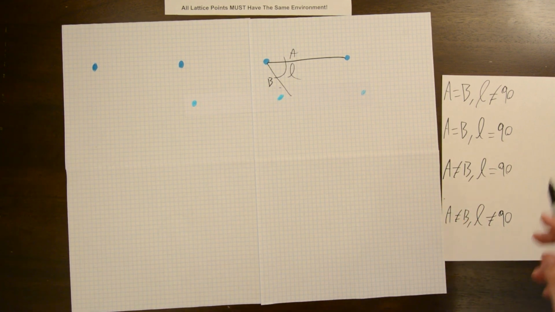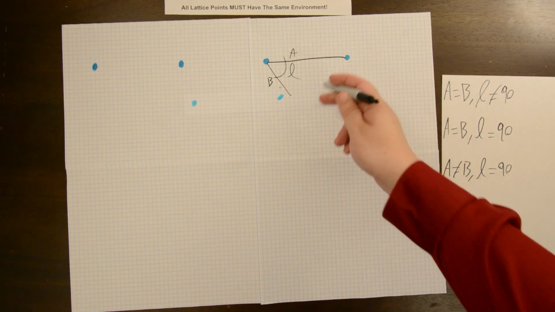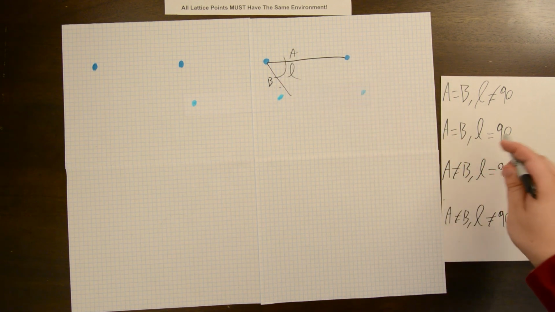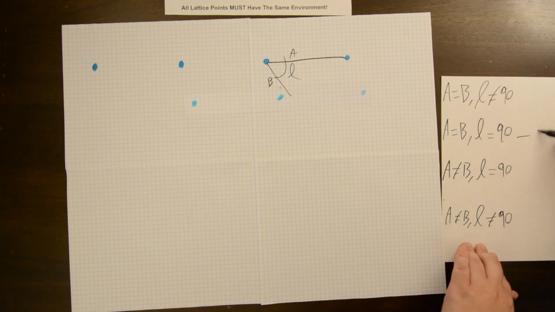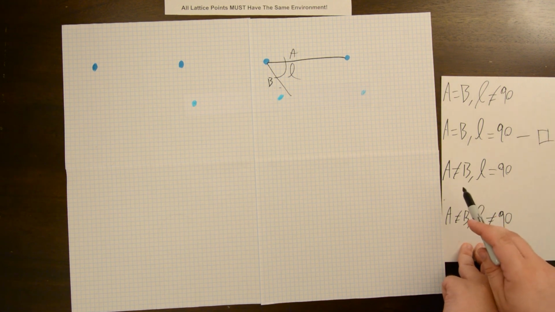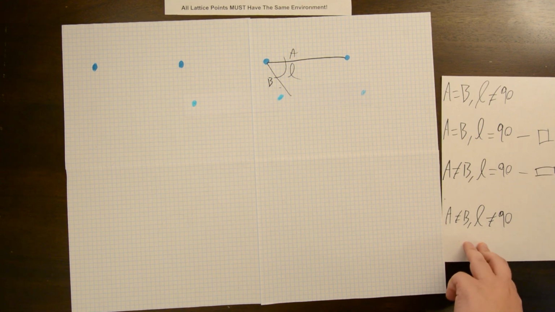And since we're dealing with 4-sided shapes here, this should be raising some bells for some of you. A equals B, so all sides are the same length, gamma equals 90, so all internal angles are 90, that's just a square. And A does not equal B, gamma equals 90, that's just a square with a truncated pair of sides, also known as a rectangle.